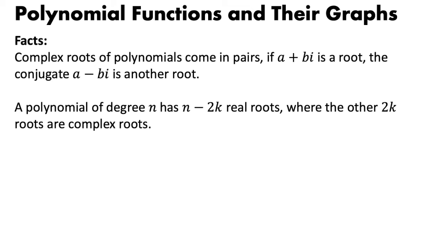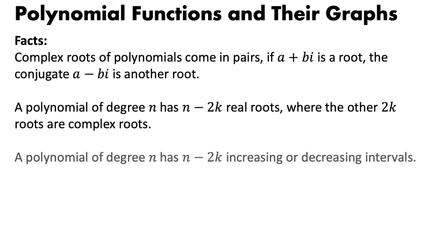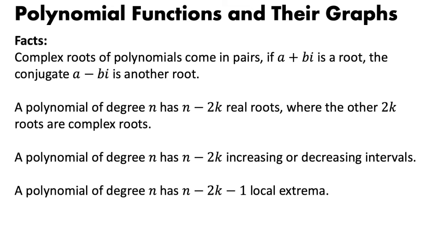If there is one complex root, the conjugate is another complex root, therefore there are 2 complex roots. And so of those 6 roots, if 2 of them are complex, the other 4 could be real. A polynomial of degree n has n minus 2k increasing or decreasing intervals. And a polynomial of degree n has n minus 2k minus 1 local extremum.